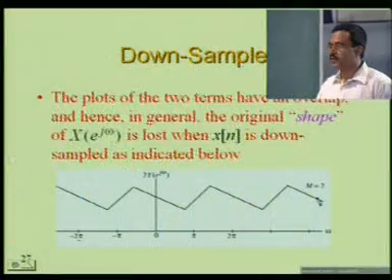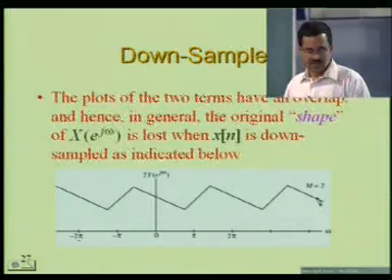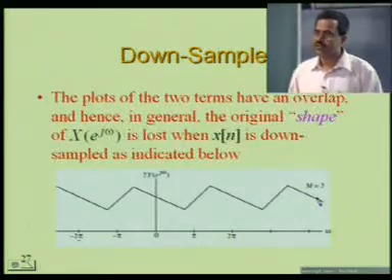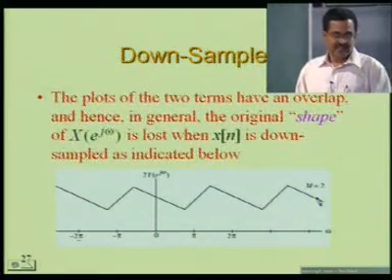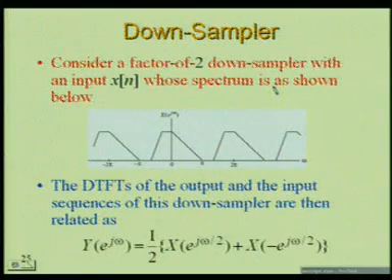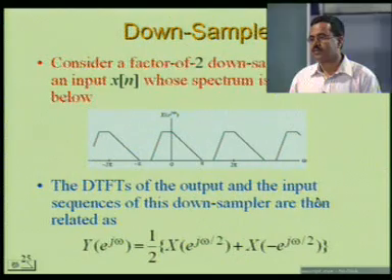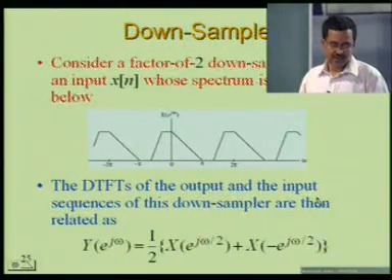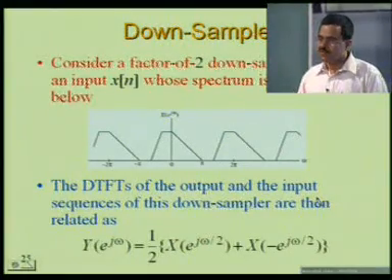The plots of the two terms, X(e^(jω/2)) and X(-e^(jω/2)), have an overlap, and hence in general the original shape of X(e^jω) is lost when x[n] is downsampled as indicated below. Because you have seen the frequency response of the output sequence Y(e^jω) is equal to half of this.